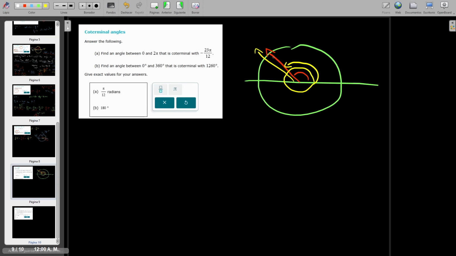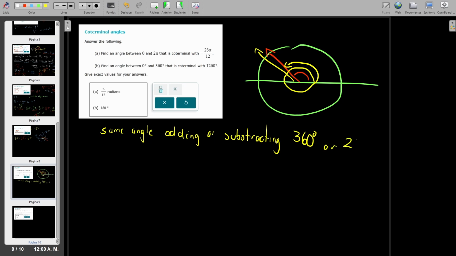So a coterminal angle is the same angle adding or subtracting a full turn, 360 degrees or 2 pi's.